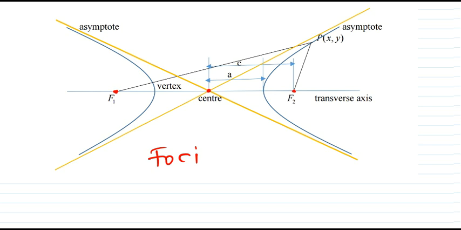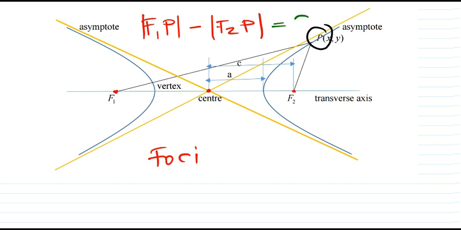point on the hyperbola, for example, a point P, if you measure the distance from f1 to the point P, and then subtract the distance from the point P to f2, of course taking the moduli of these, and find their difference, they're going to give you a constant, right?